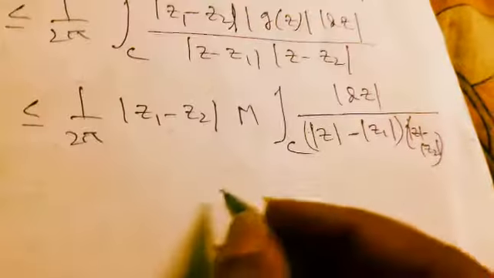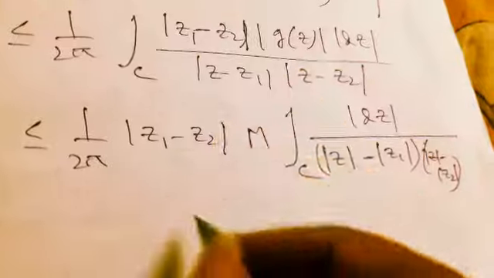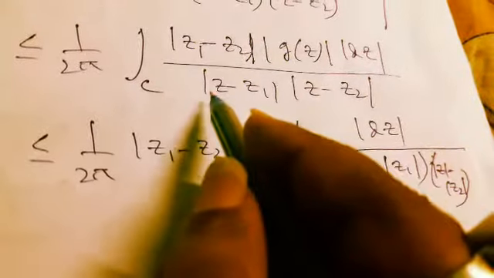These two will be subtracted here because we know this property, that mod of z minus z1 will be greater than mod z minus mod z1 in this way.